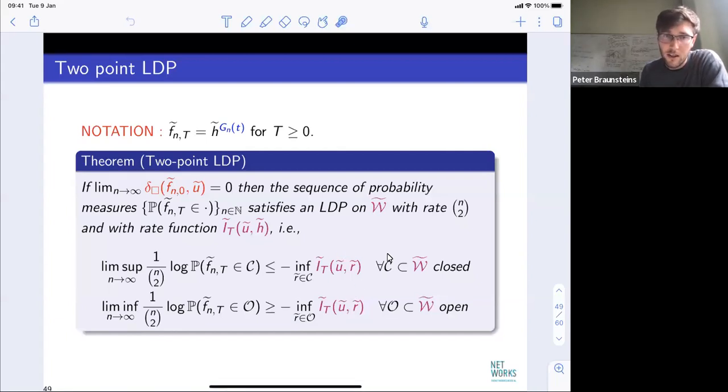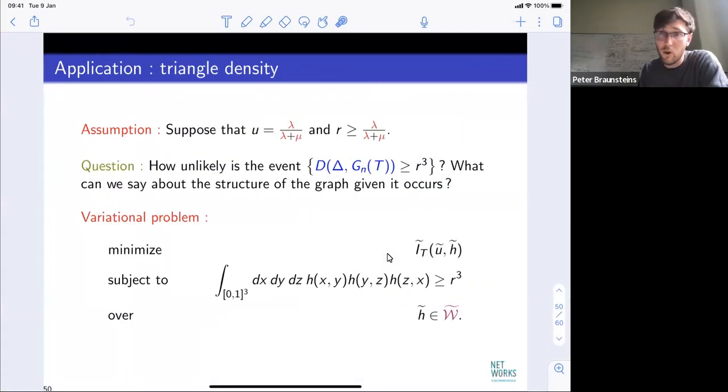So here's the large deviation principle, but what's perhaps more interesting is what we're going to use it for. We're going to try to use it to answer the questions that we saw at the beginning of the talk. We're going to assume that the initial graphon is a constant graphon equal to lambda divided by lambda plus mu.